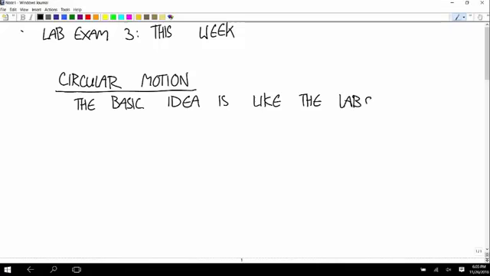So if you have an object moving in a circular path, and let's say the object's here, and let's say it's going this way, and let's say it's slowing down.